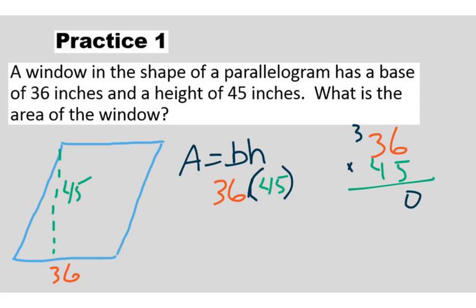6 times 5 is 30. Carry your 3. That's 18. All right, let's add 0. 6 times 4 is 24.